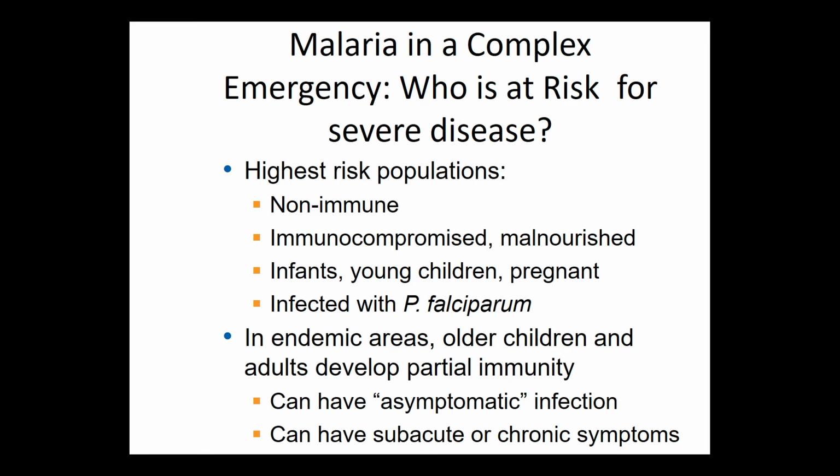In endemic areas, older children and adults develop partial immunity, which can give asymptomatic infection, or can have subacute or chronic symptoms. So they may not have the malarial attack itself, but have hepatosplenomegaly and anemia.